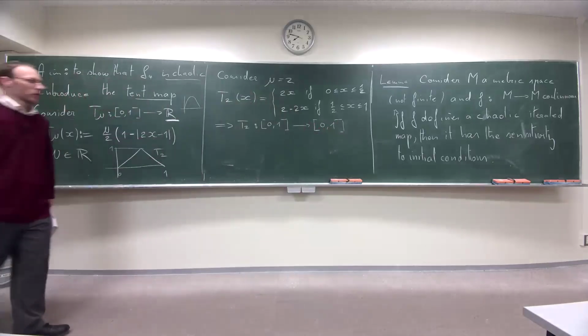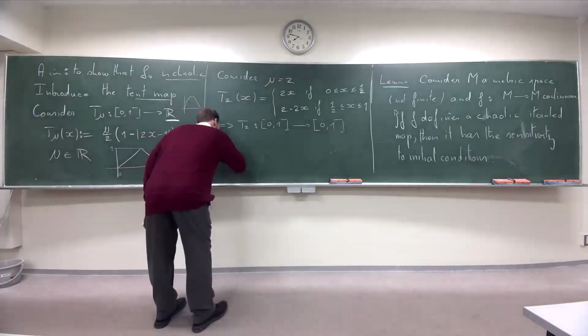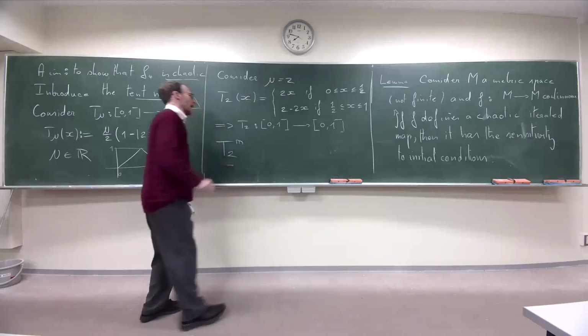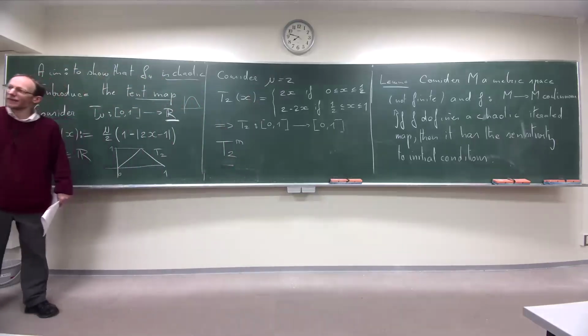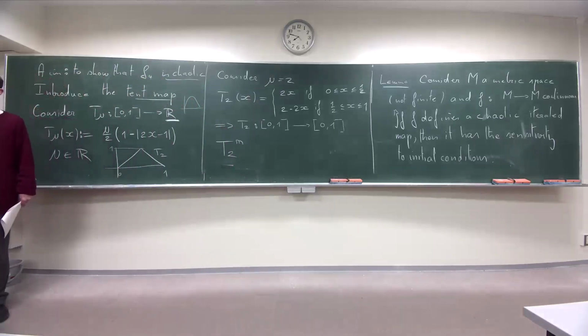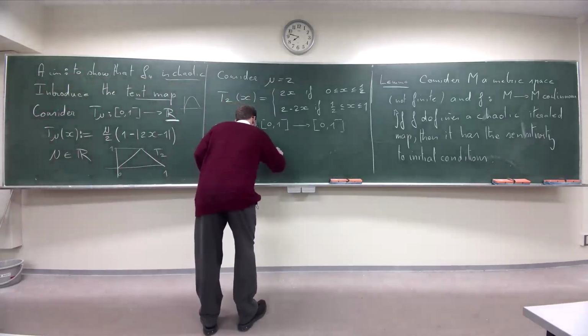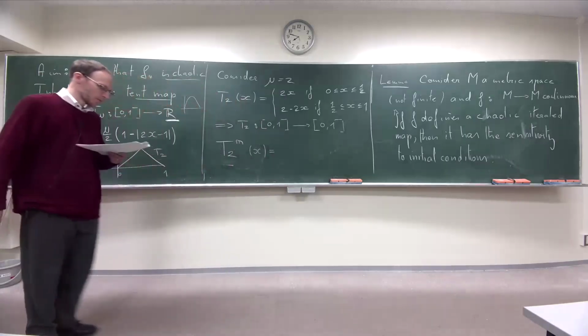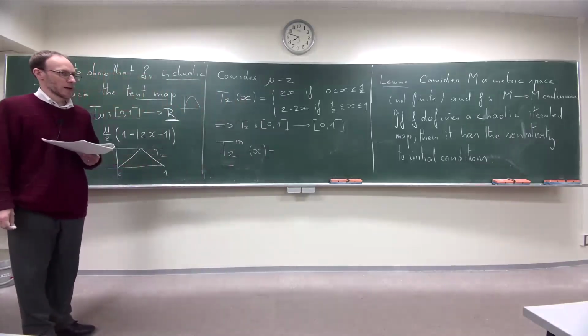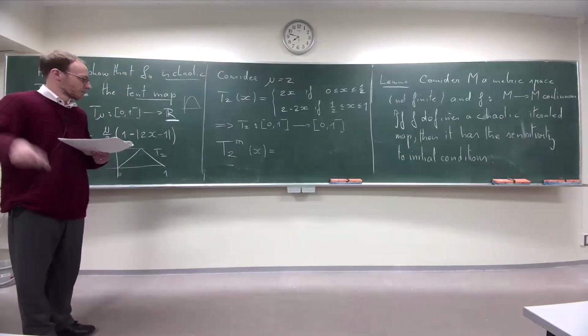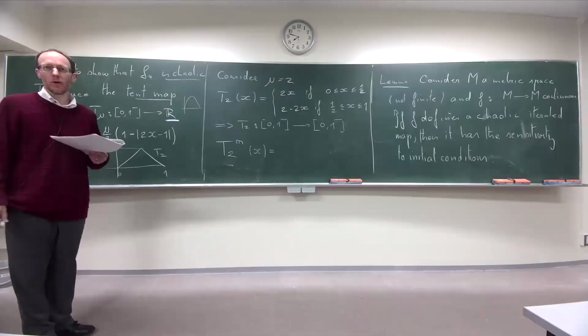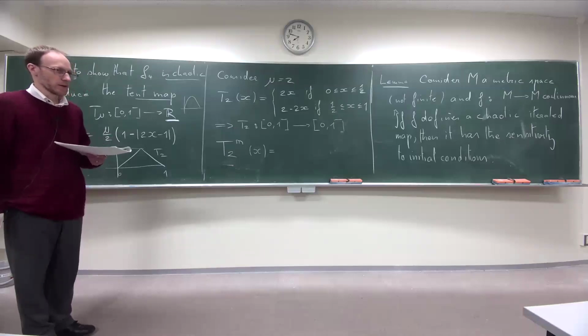And now a small computation for you. What is T2 to the power m? When you iterate this m times, it turns out that there is an explicit formula. I give you some formula. I would be happy if somebody proves it. Probably the proof can be done by iteration: you prove it for a certain m, and then you prove it by induction for the next one.